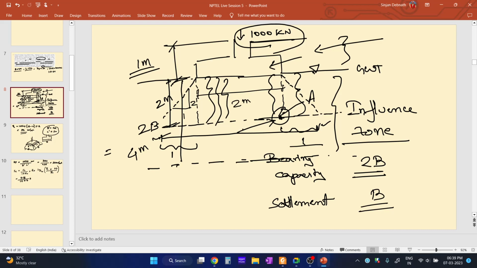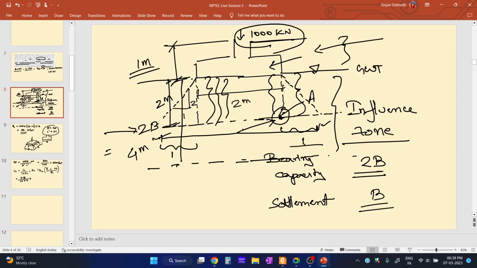The thickness of the layer in this case, see, in this case we found out the effective overburden pressure at point A and also the stress distribution at point A at 2 meter below the base of the footing, that is half of 2B.